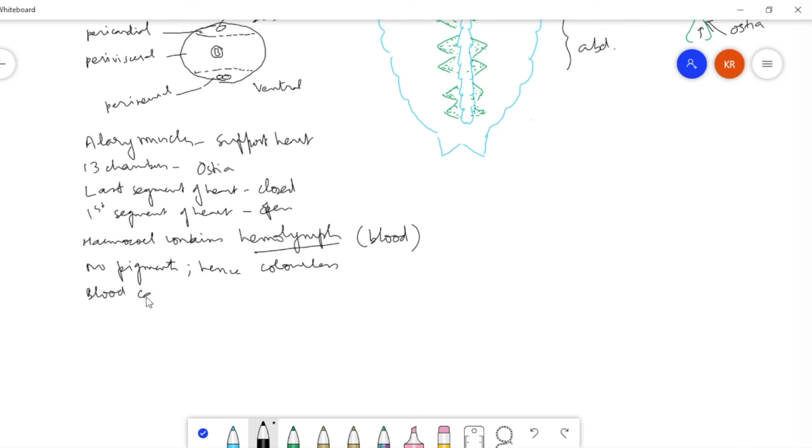So blood can enter heart through the ostia, actually along any chamber of the heart. At any point it can enter through the ostia. Travel anteriorly.